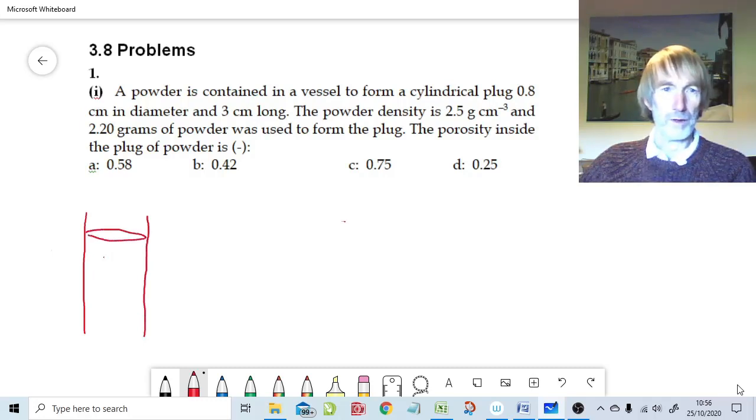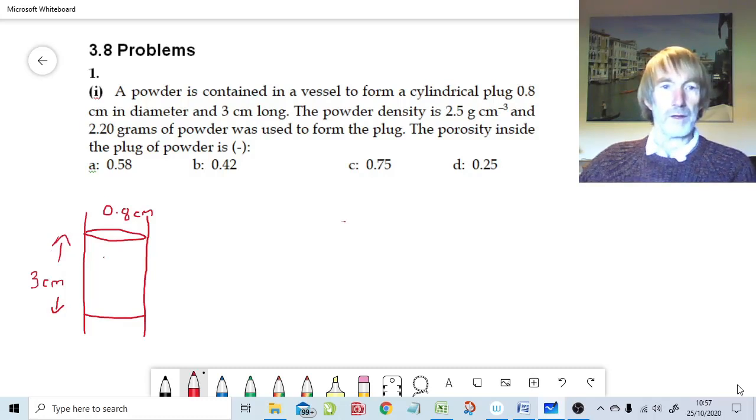So here we go. Here's our plug of powder. We're told that this is 3 centimeters long and 0.8 centimeters diameter. Okay. Not very good at drawing arrows, but you get the idea.